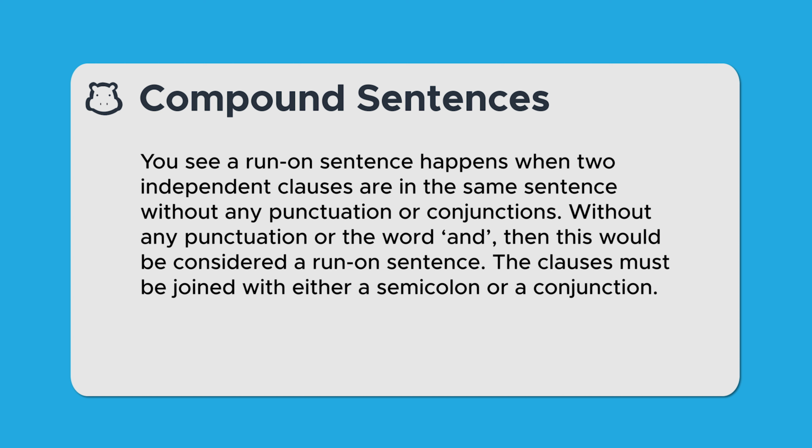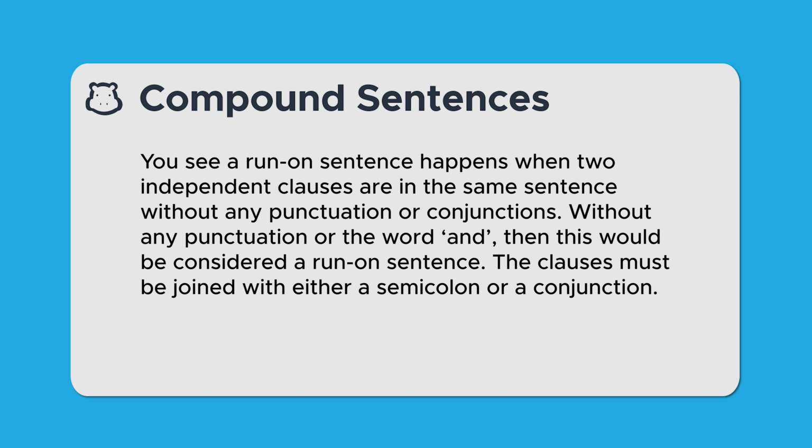You see, a run-on sentence happens when two independent clauses are in the same sentence without any punctuation or conjunctions between them. Without any punctuation or the word and, this would be considered a run-on sentence. The clauses must be joined with either a semicolon or a conjunction.